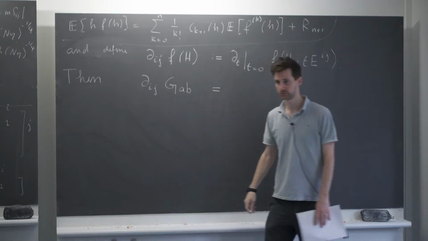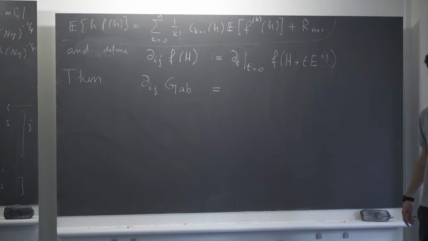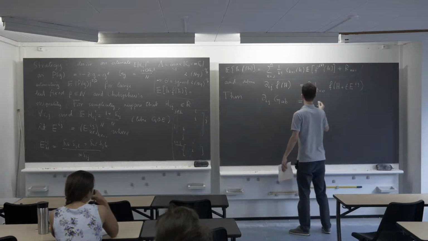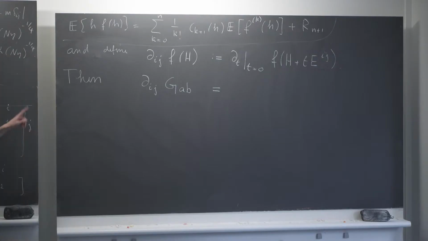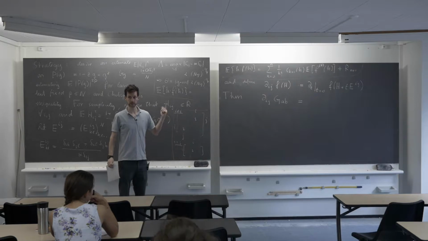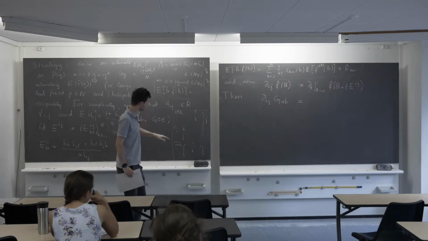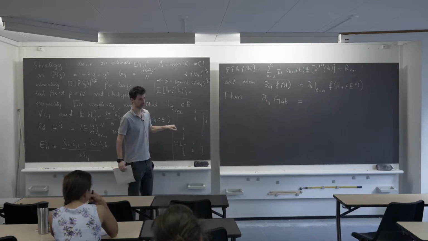Remember, in the very first problem set, you worked out some basic facts about resolvents and so on. And let me assume i is not equal to j. I'm differentiating in this direction. You should always work these things out in the two different cases, i not equal to j and i equal to j. If i is not equal to j, then this amounts to differentiating in this index and differentiating in that index.